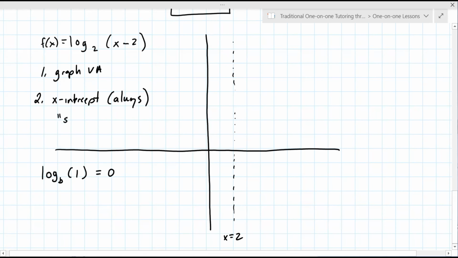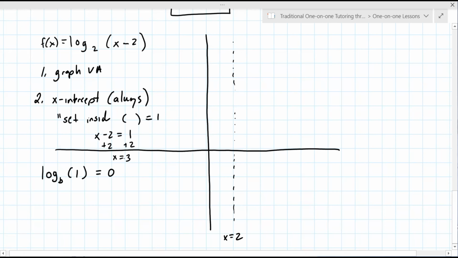So you set the inside part, inside parentheses, equal to 1. Notice with the domain, you set x minus 2 greater than 0. For the vertical asymptote, you set it equal to 0. Now you set it equal to 1, and then you solve for x.